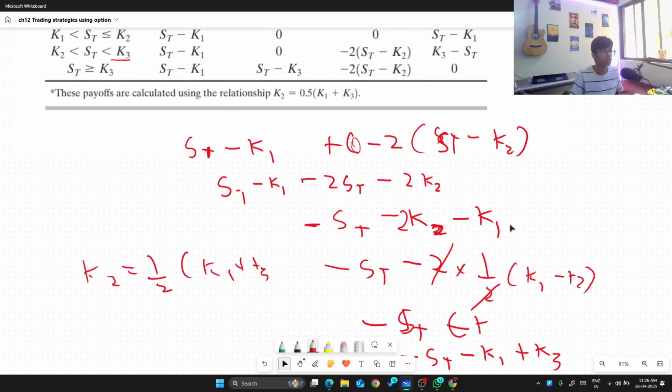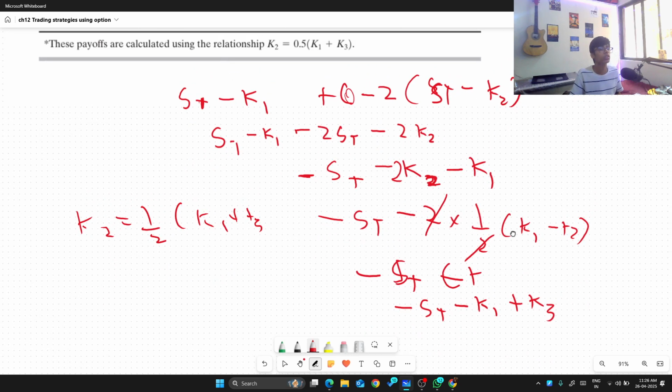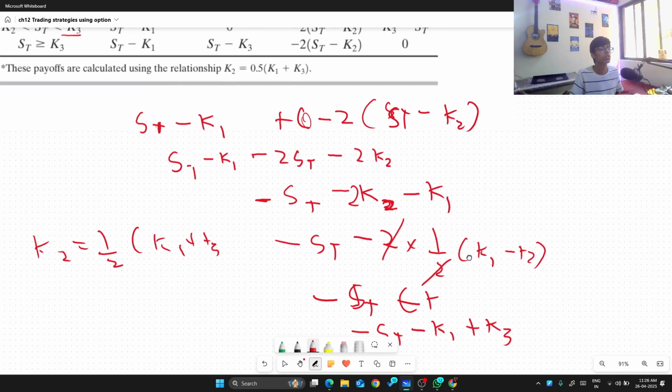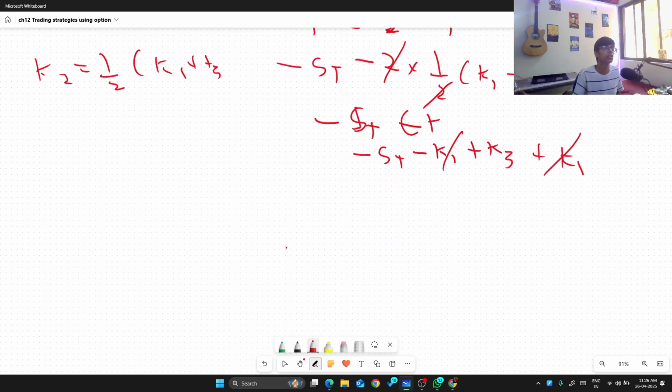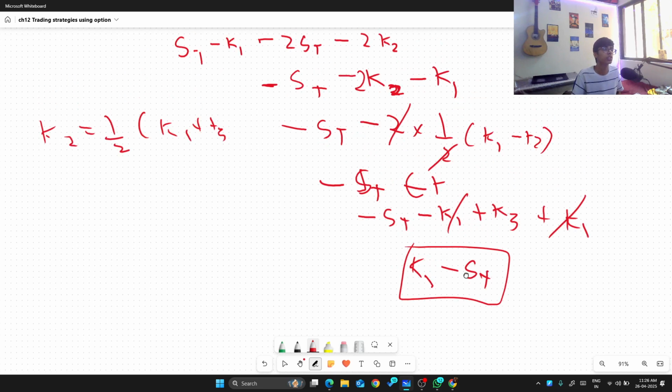Everything is right, I think. Yeah. And we have K1 from earlier, so these will cancel out, and then it will be K3 minus ST. Yeah, simple.